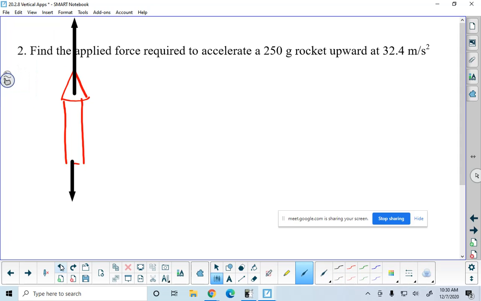So if I label the forces here, I have a force due to gravity and an applied force.